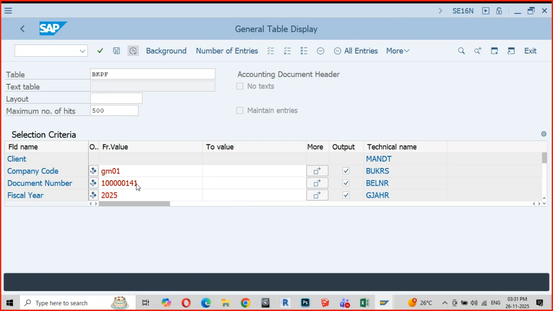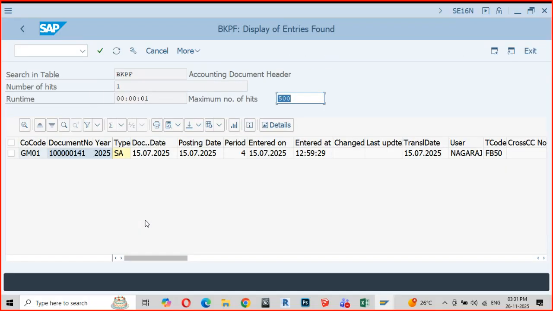Whereas your line item table, BSEG, has two line items because this document number 141 consisted of two line items, one debit, one credit.